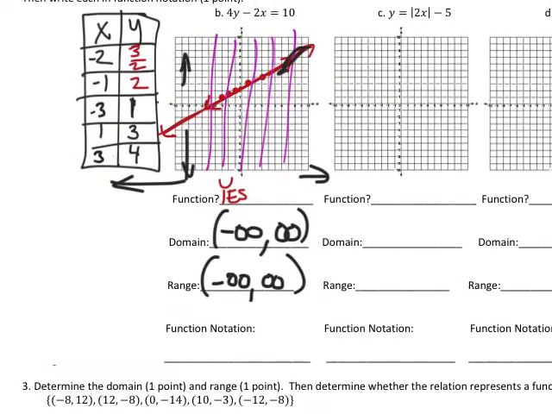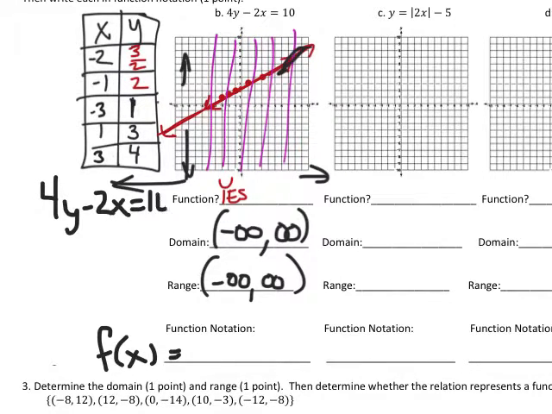And finally, just function notation. So we'll write it as f of x equals, so I guess we will have to turn this into slope-intercept form anyways. So from the 4y minus 2x equals 10, we need the y on its own side, so we'll add 2x to both sides.